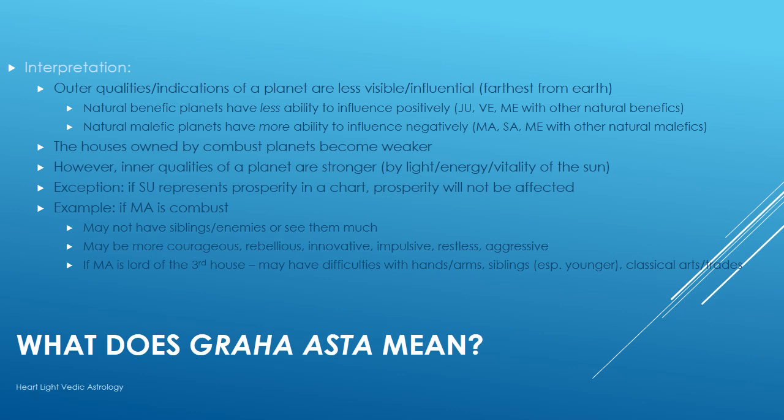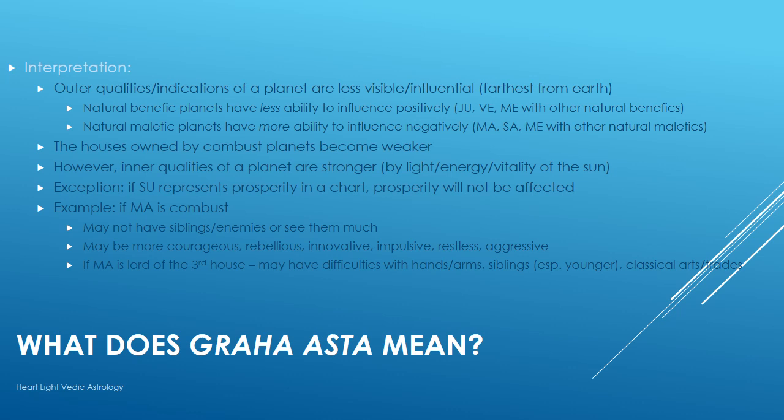If it's a natural benefic, the better placed it is in a chart, the better its condition, the more it gains. It's an upward spiral. It becomes more of a superhero. And with the natural malefic planets, the more debilitated it is, or on the Rahu Ketu axis, or surrounded by other malefics, it creates a downward spiral.